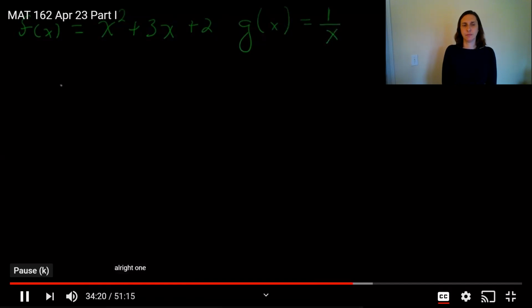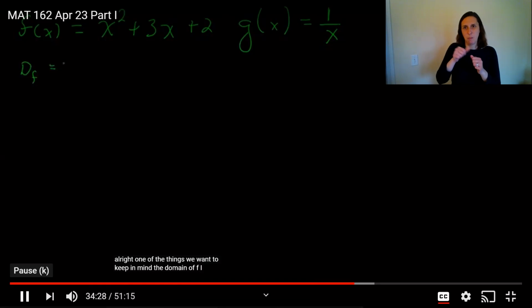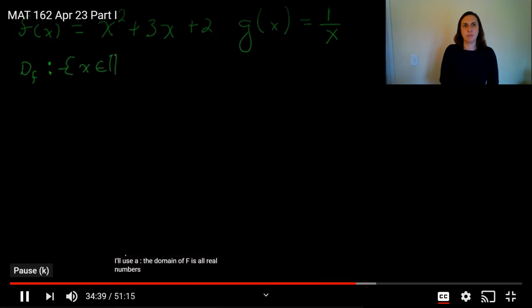All right, one of the things we want to keep in mind, the domain of F, I think I'll use a colon. The domain of F is all real numbers. Right? There is no domain restrictions for this.